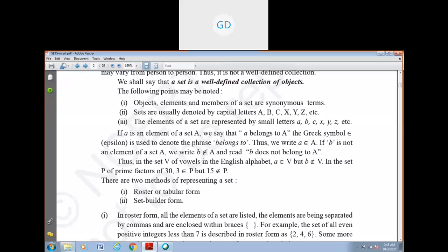So we read it as b does not belong to A. That means b is not an element of the set A. It is written symbolically as b epsilon cut, then A. b does not belong to A, that means b is not present in A. So this is just a symbol to express this.